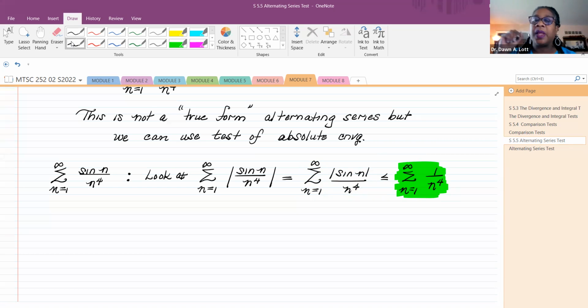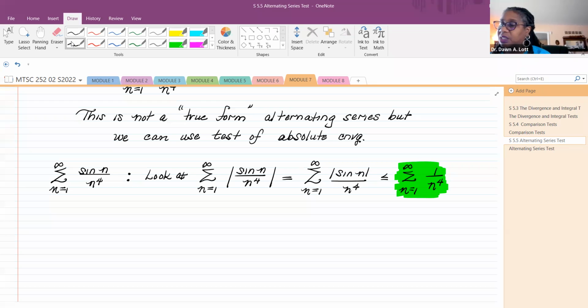It has a form. It has information. I can get it directly. What's the form? It's the P series. What's the information it's giving me? N to the fourth. Right. So what is P? 4. P is 4. So does it converge or diverge? It converges. Awesome.